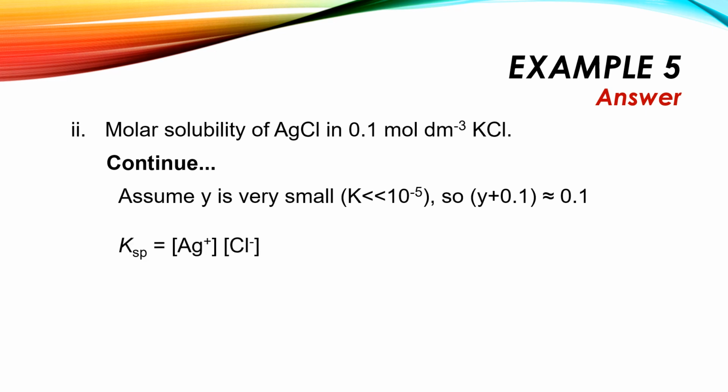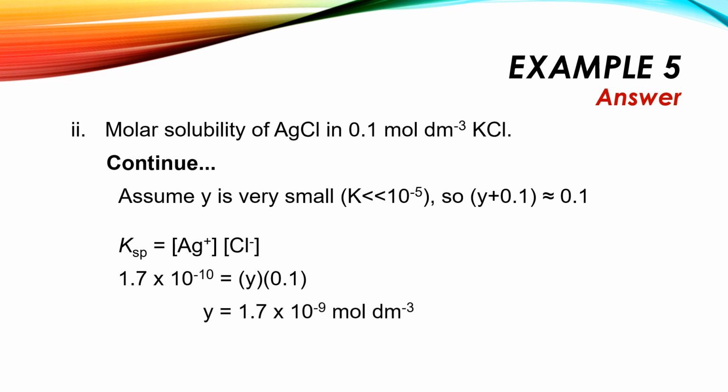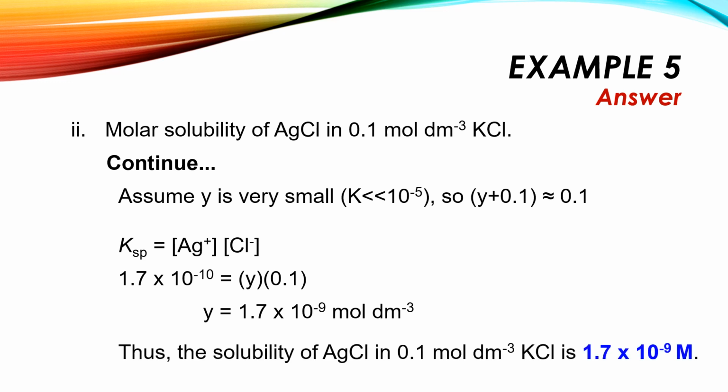From the Ksp expression, silver ion concentration times chloride ion concentration, substituting the values, we obtain y equal to 1.7 × 10^-9 molar. Thus, the solubility of silver chloride in 0.1 molar potassium chloride is 1.7 × 10^-9 molar.